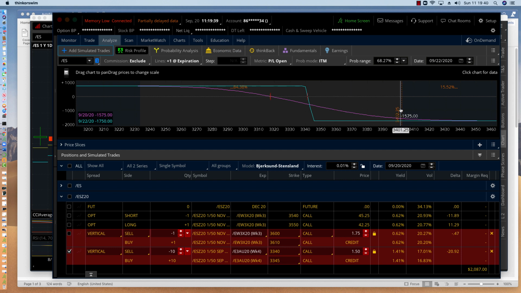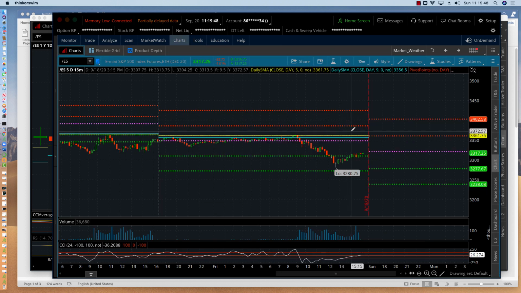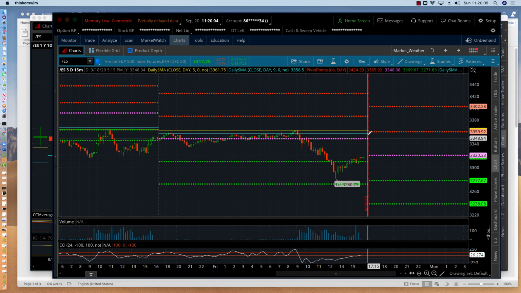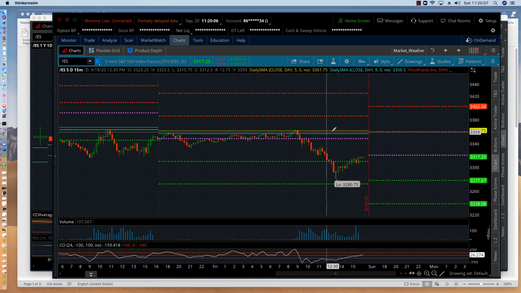So you have to watch it. But 33.41 is here. I mean, you really can't get above, you really can't even get above the 10 MA level.